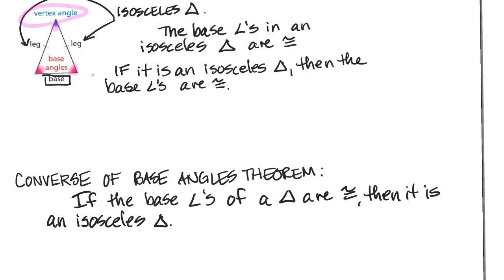So if I gave you any triangle and told you that two angles were congruent, you can call those the base angles, which then means that the sides opposite those angles are congruent, and therefore making it an isosceles triangle.